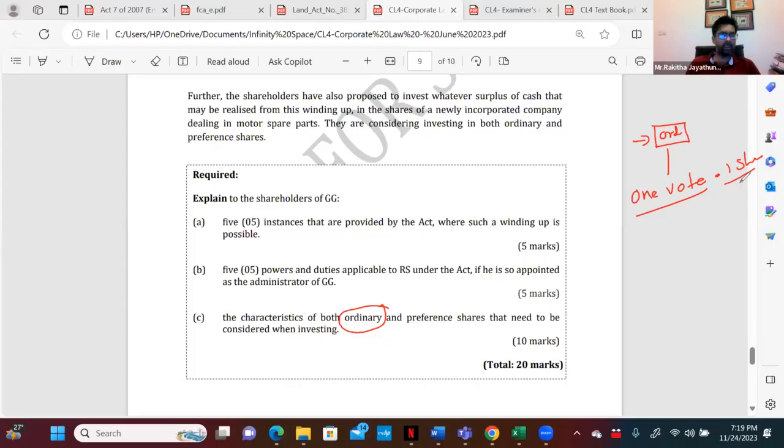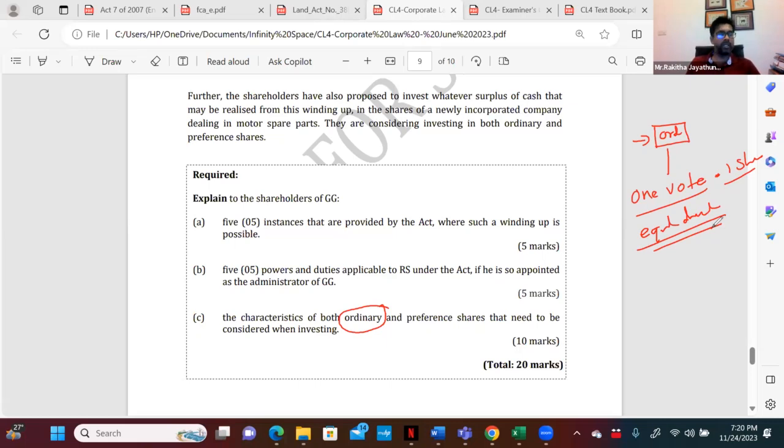It's in the Companies Act also, but you don't have to mention the relevant section. But I am actually referring to the Companies Act. The section very clearly says, if you're an ordinary shareholder, you get 1 vote per share. And then equal dividend.